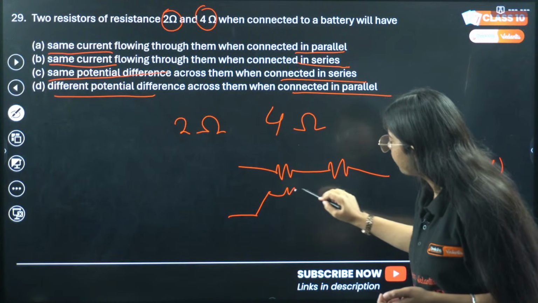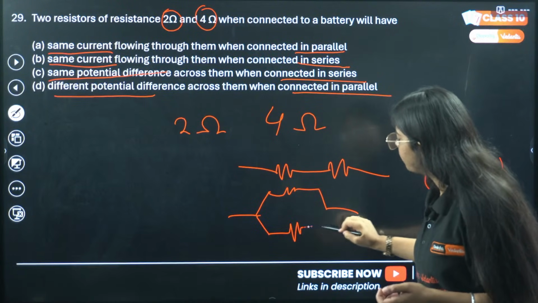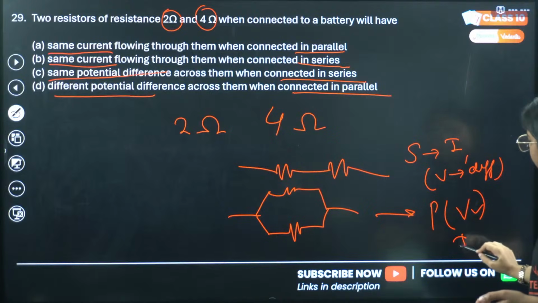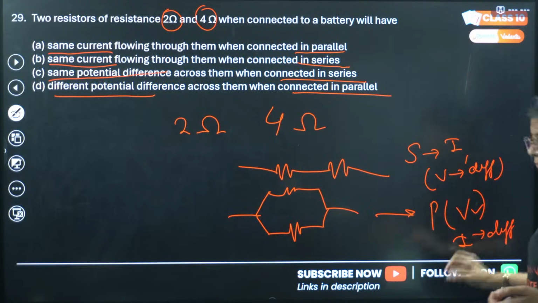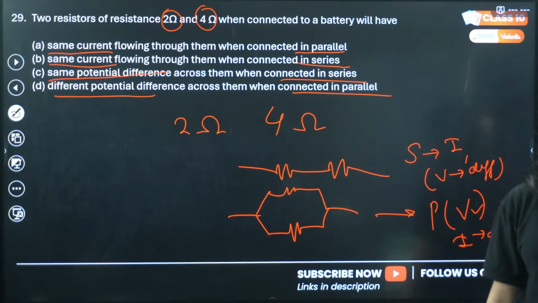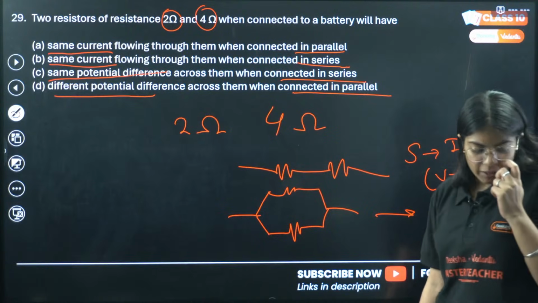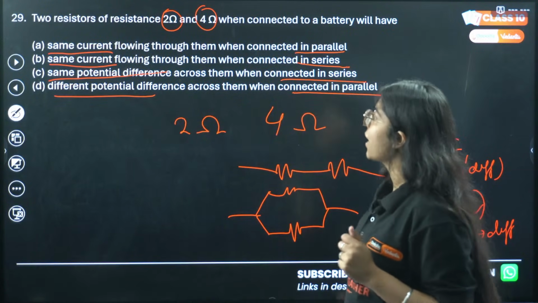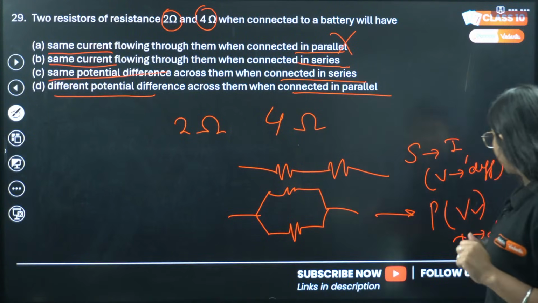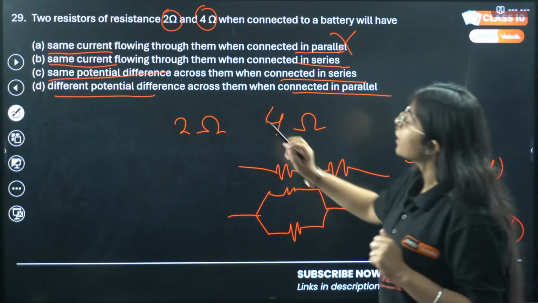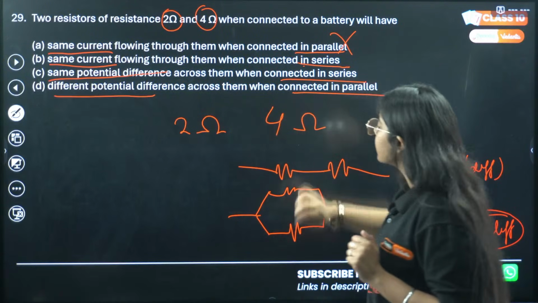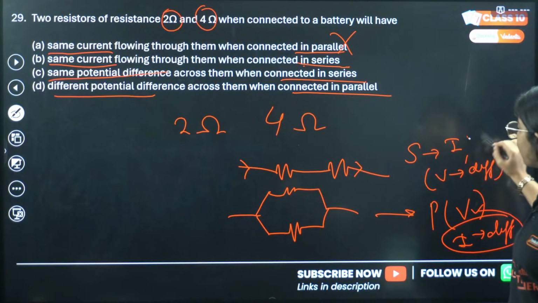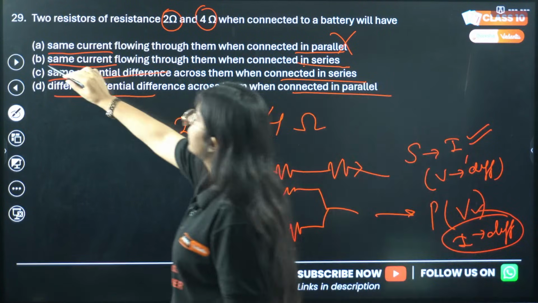If these two are in parallel, then in parallel the voltage remains the same, current is different, correct? Now, they are saying same current flowing through them when connected in parallel. That is wrong. In parallel we know current is different. Then same current flowing through them when connected in series. We know when resistances are connected in series, the same current flows through them. So B option is correct.